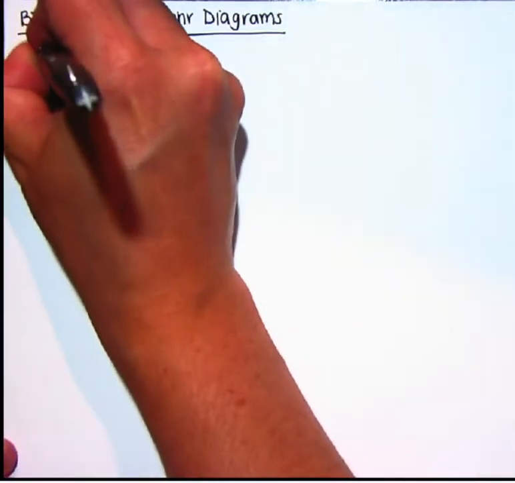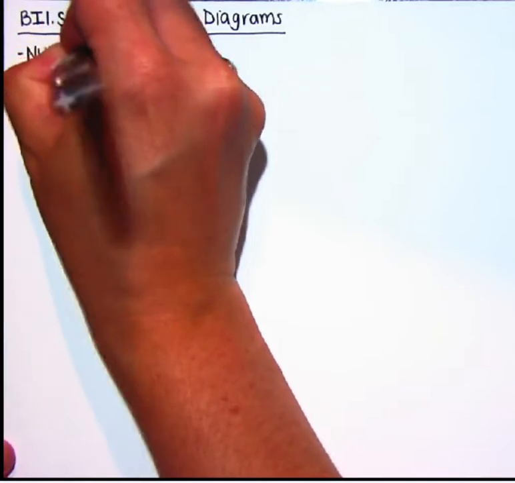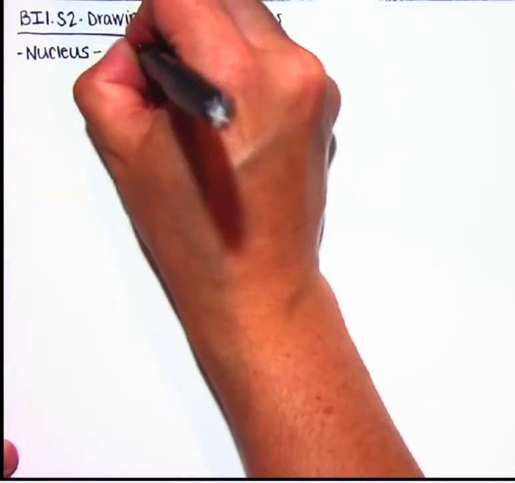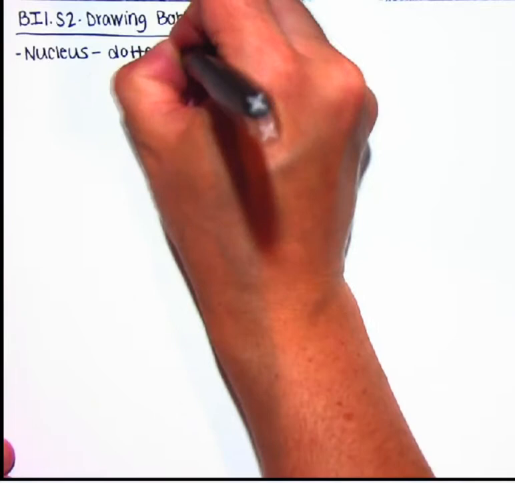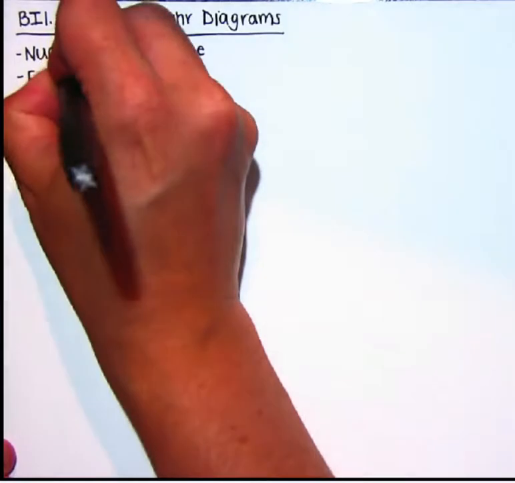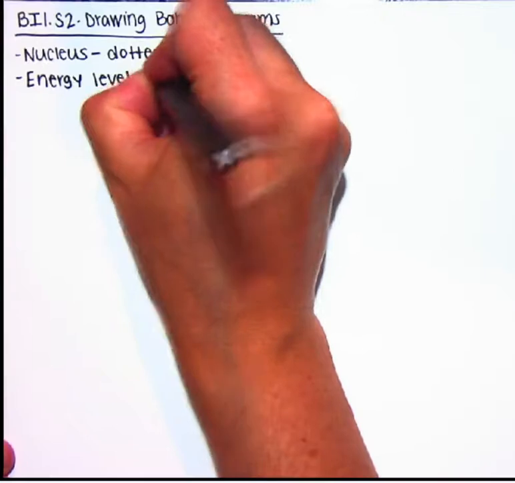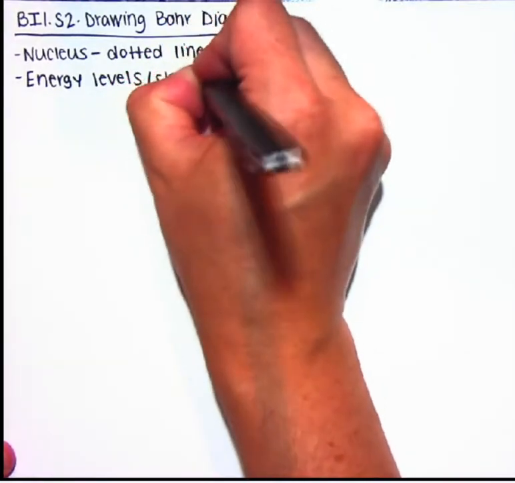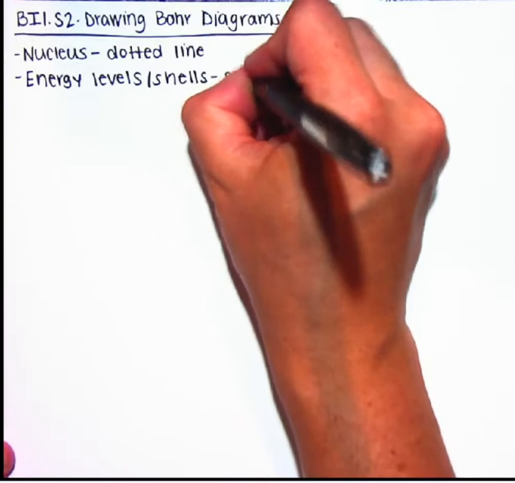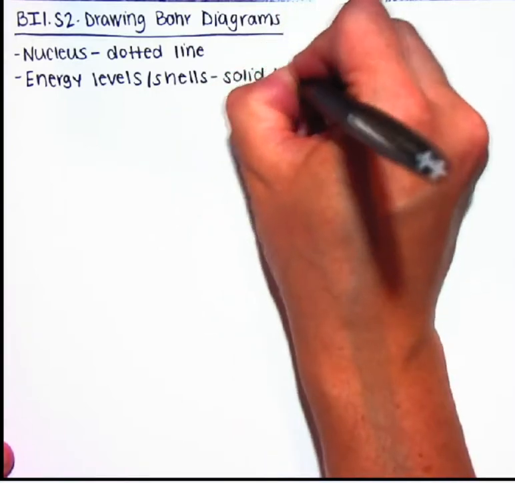In this lesson, we're going to go over Big Idea 1, Standard 2, drawing Bohr diagrams. So first, when you are drawing the nucleus, I like to use a dotted line. And when I am drawing our energy levels or the electron shells, I use a solid line.